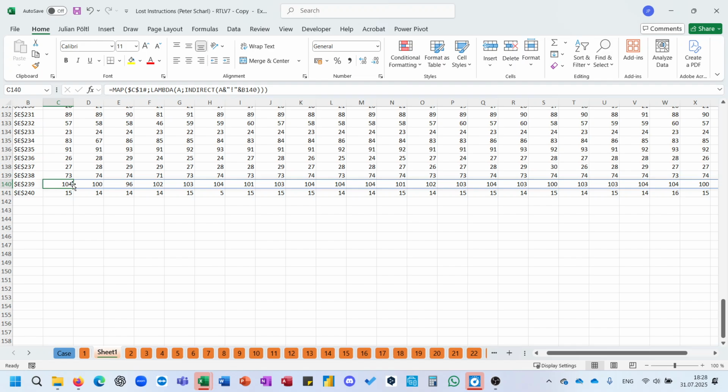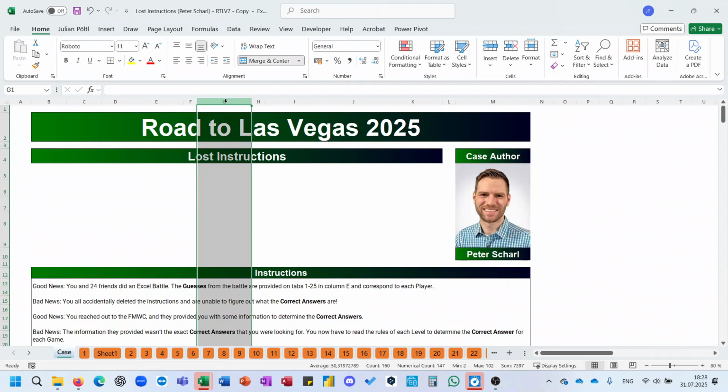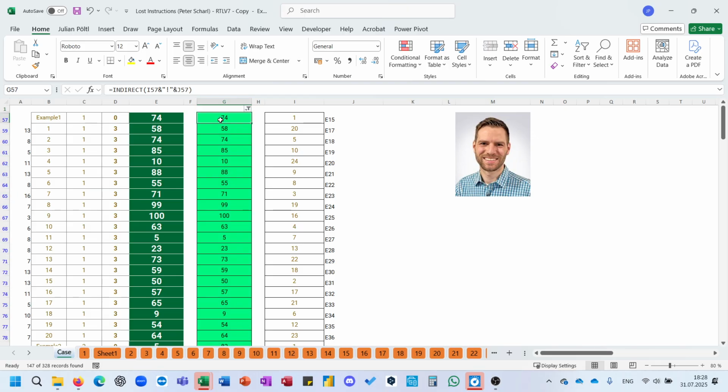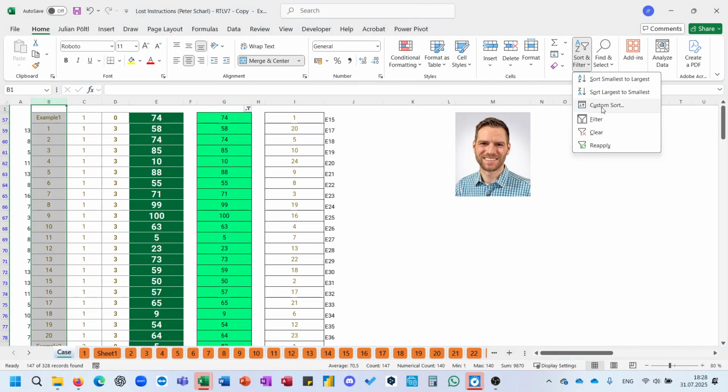Here we have all the answers for the different persons. And now I can filter after the correct answer. So basically, everything that is not a number. And here we have, oh, and the example. Okay.